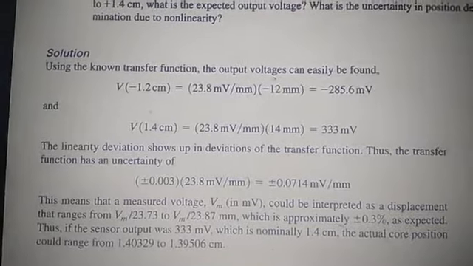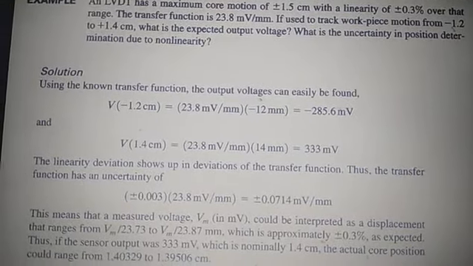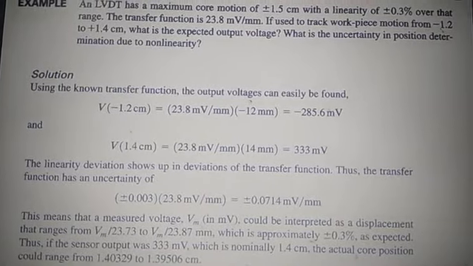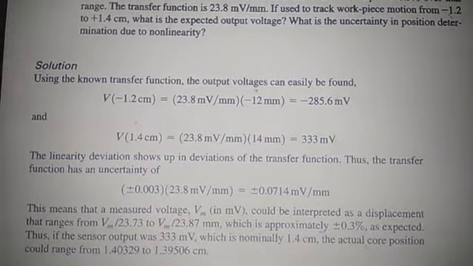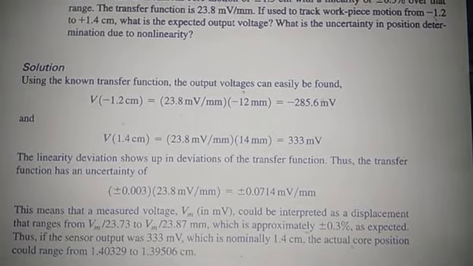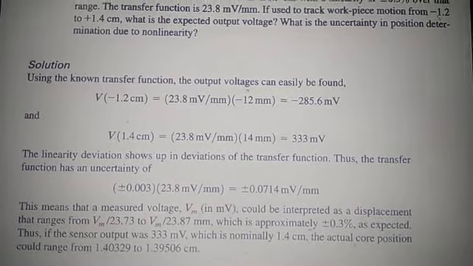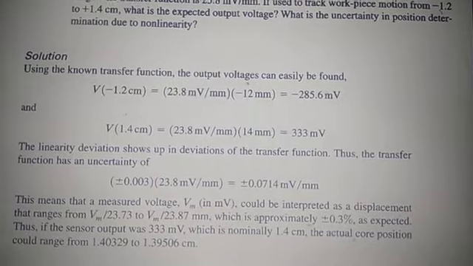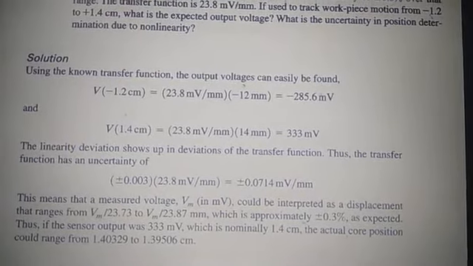This means that a measured voltage Vm in millivolt could be interpreted as a displacement that ranges from Vm by 23.73 to Vm by 23.87 mm, which is approximately plus minus 0.3% as expected.